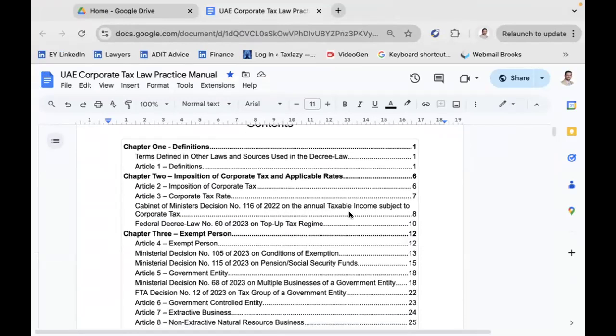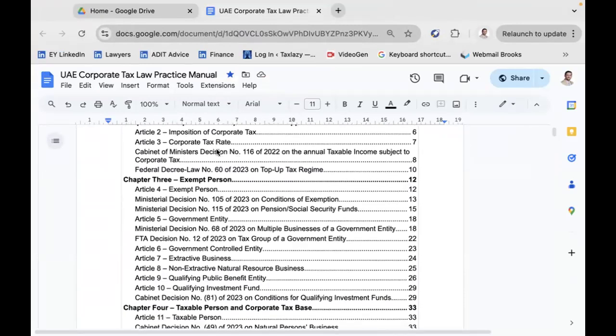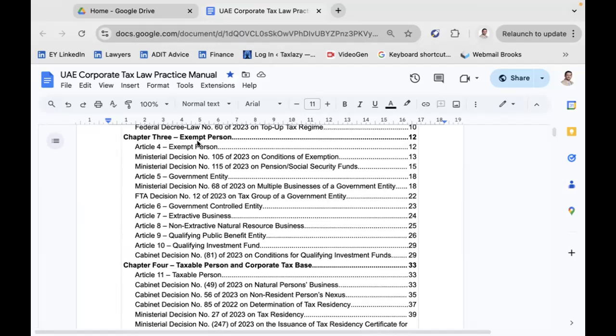In the decree law, initially it was definitions, then scope, then how the corporate tax is levied, and the corporate tax rate was identified. And then in chapter 3, from article 4 until article 10, all of which we went through in our previous session, was on exempt persons. So if you look at the logical architecture of this law, it starts from specific exemptions.